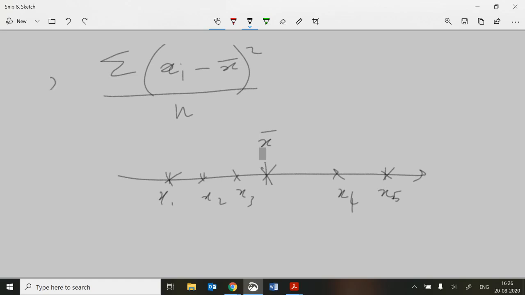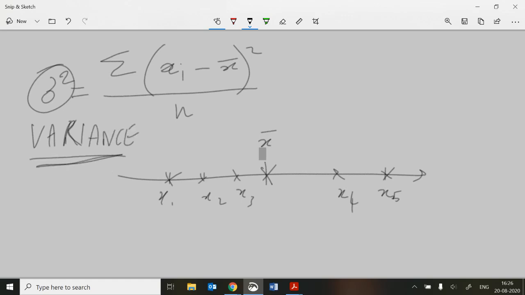So anyway, this thing is called the variance, and the variance we call sigma squared. Or actually, sometimes we call it S squared, standard deviation squared. But we need to talk about that as well, actually. So here we go. That's called the variance. And variance doesn't mean what it does in English.